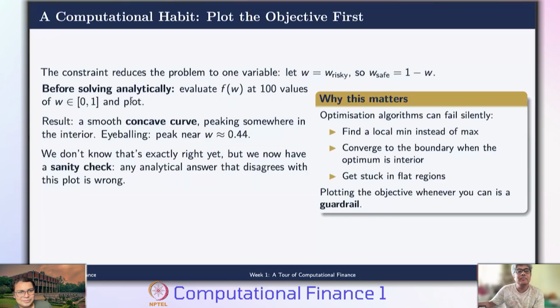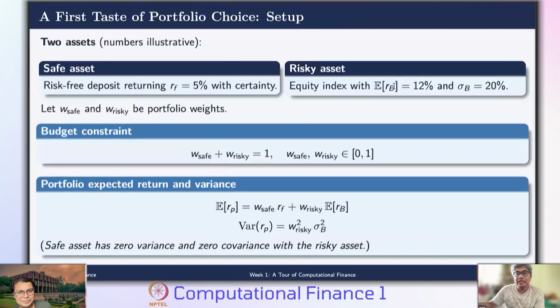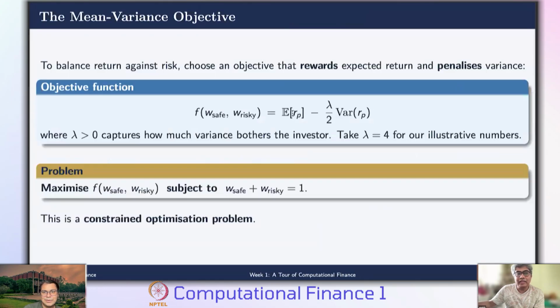And then for each W, I will calculate this particular F, which is, I know the value of expected RB, I know the sigma B, I will just plug it in there.